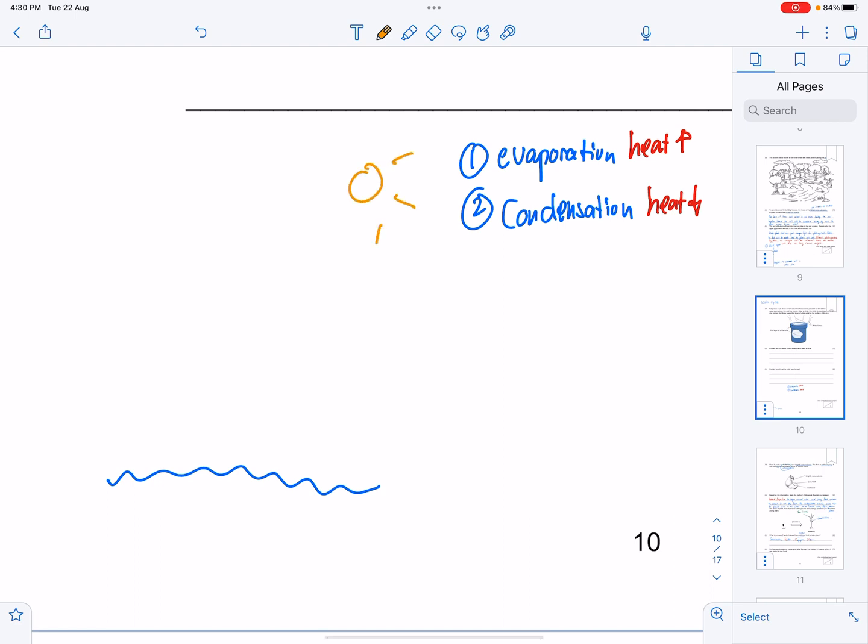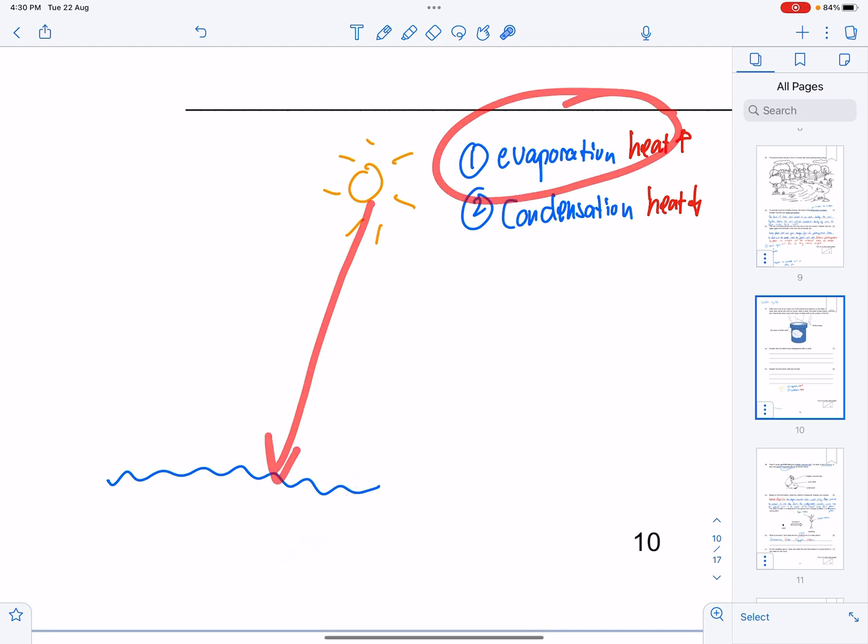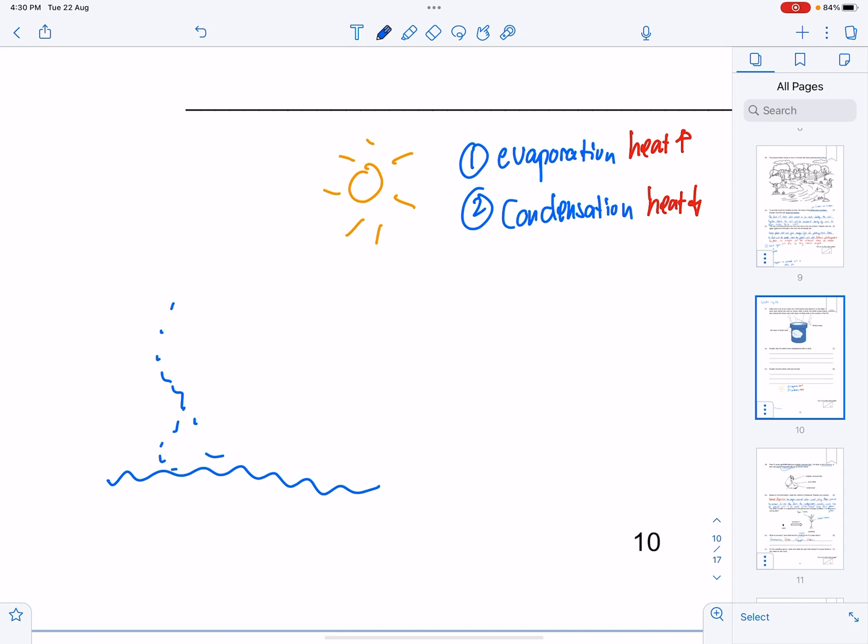So what happens is in nature, there is actually your sun. Your sun actually emits a lot of heat. So your body of water would gain heat from the sun and it will start to evaporate. When they evaporate, they will actually go upwards.